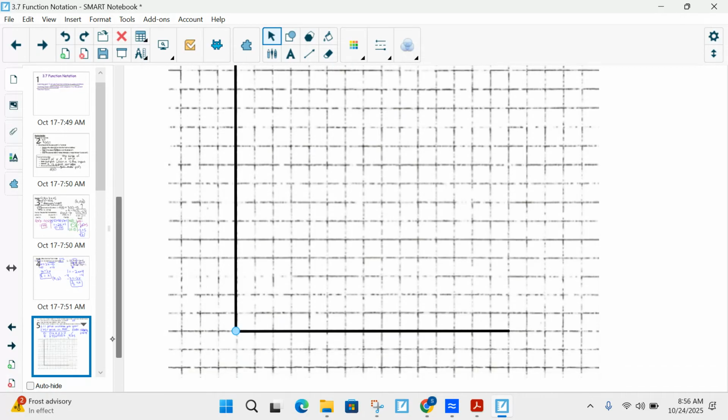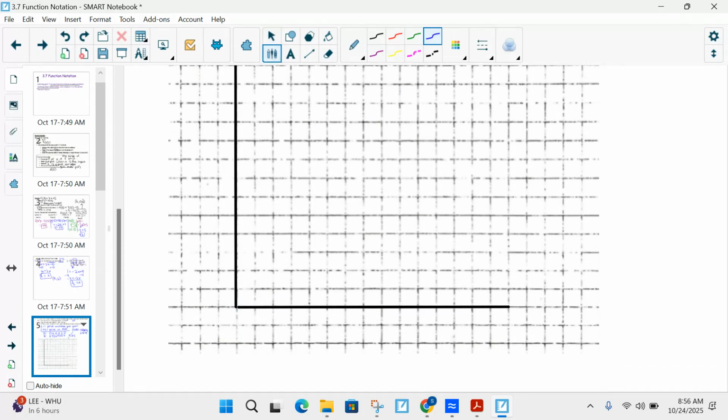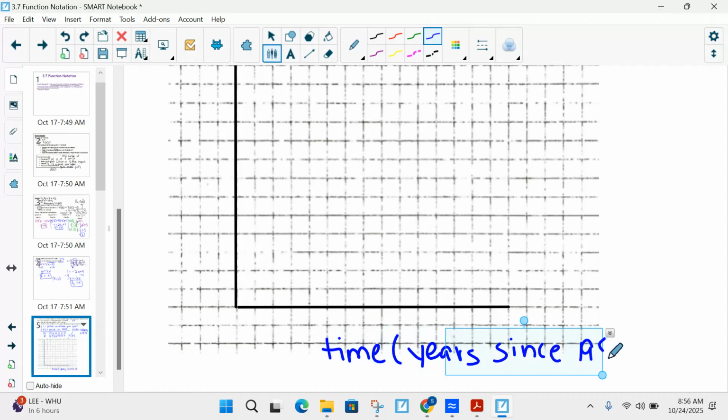Okay, so let's set up our x-axis if you haven't already. It's going to be time in years since 1980, going in increments of 2 years.